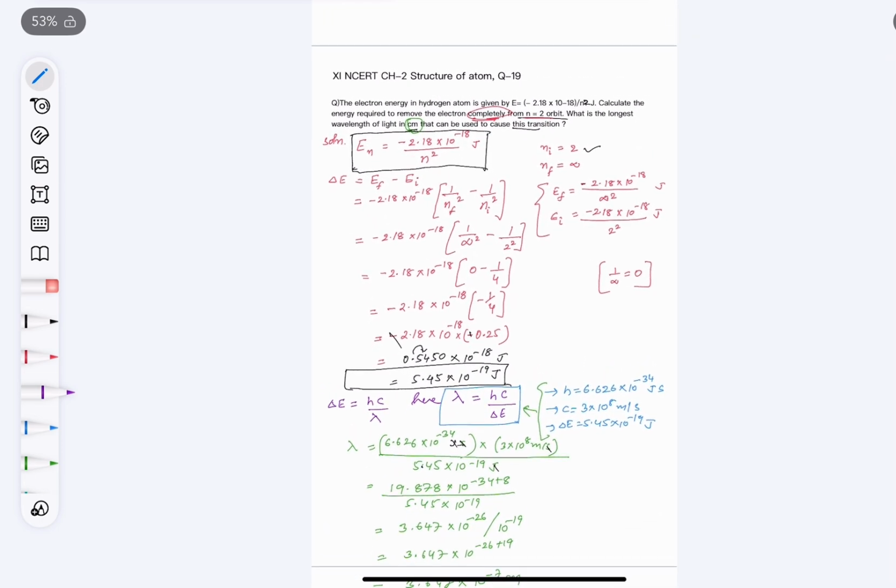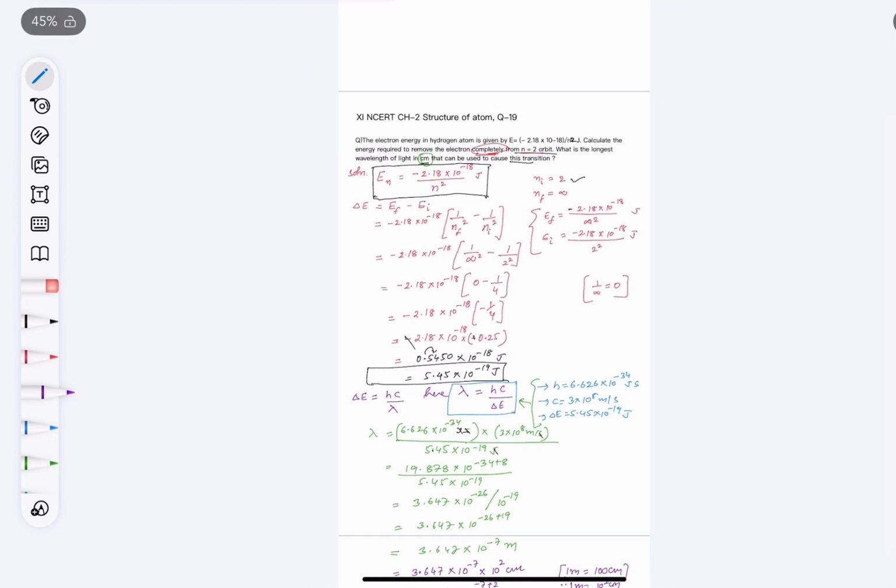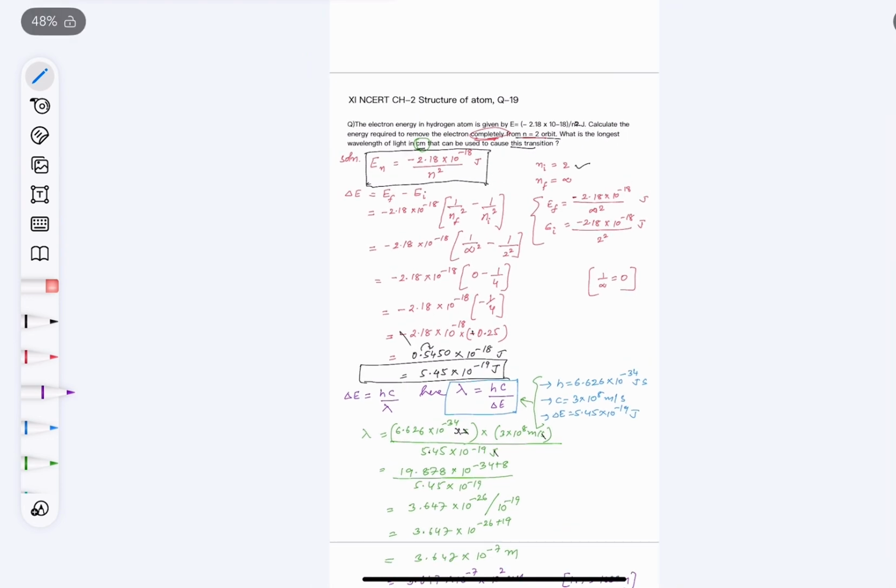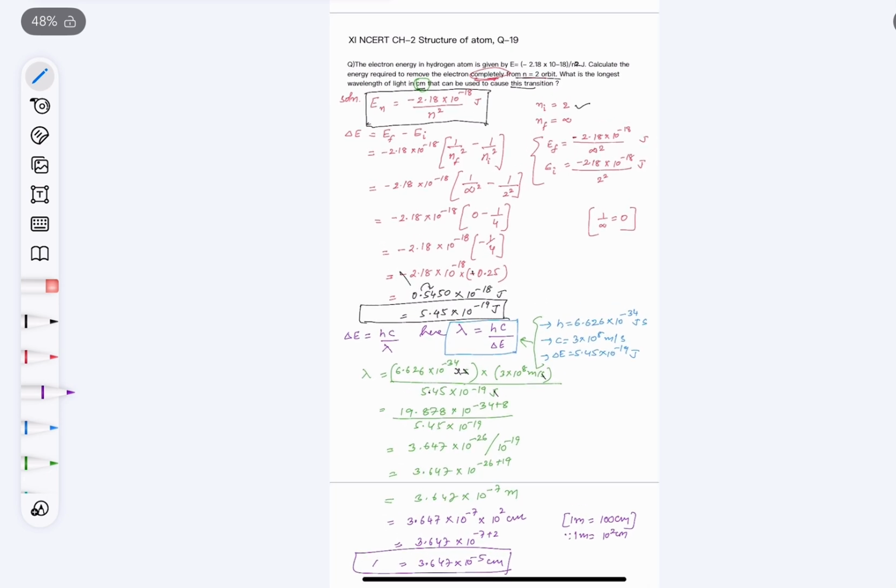See, first we have calculated delta E, and then with the help of that energy you are trying to find the value of your wavelength, which initially came in meters. See here, it initially came in meters, and then we have converted that into centimeters as required in the question here.